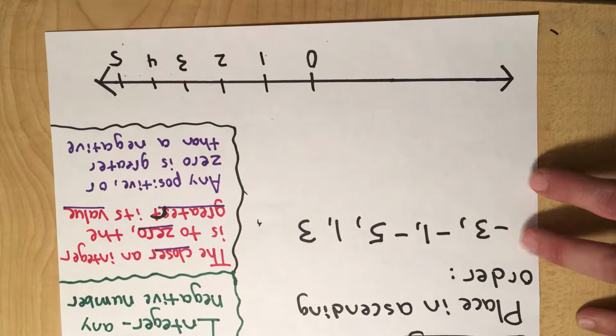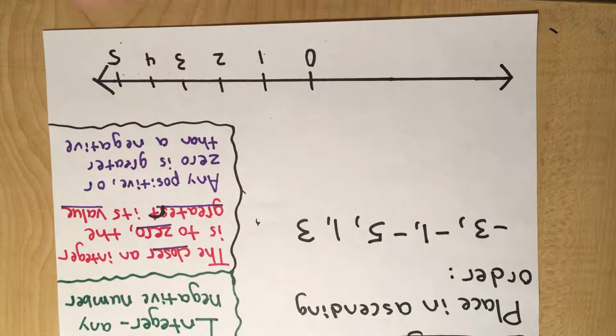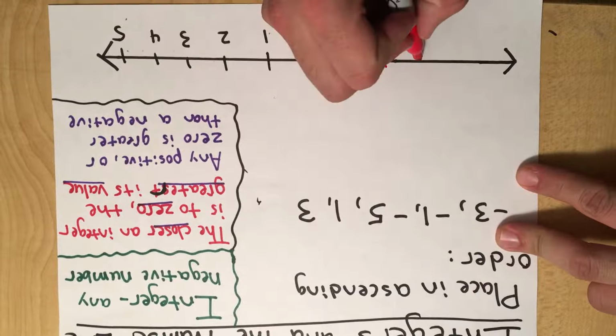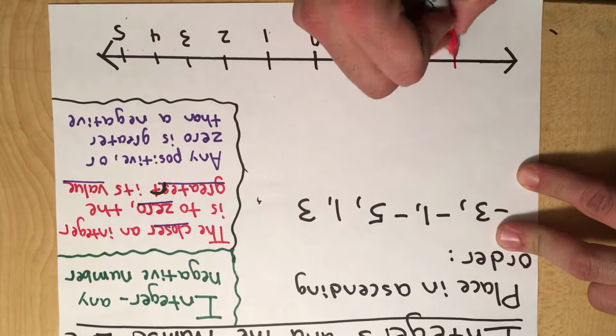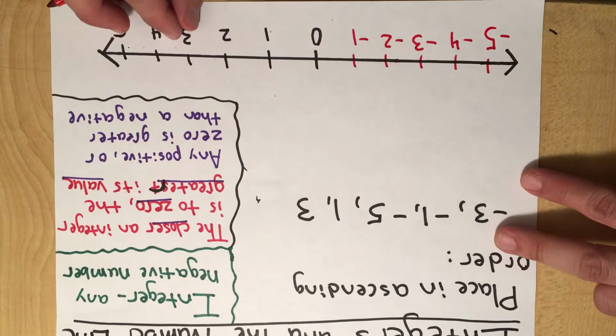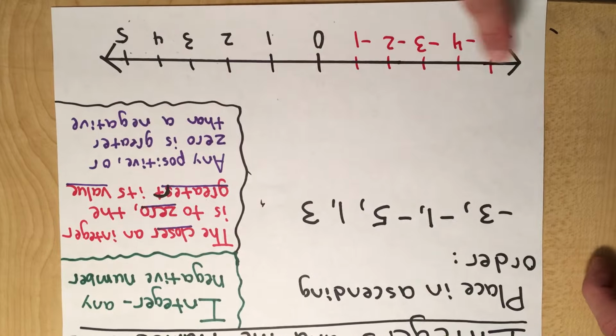And to the left, let's go ahead and put our negative numbers. I'm going to put them in red: -1, -2, -3, -4, and -5.